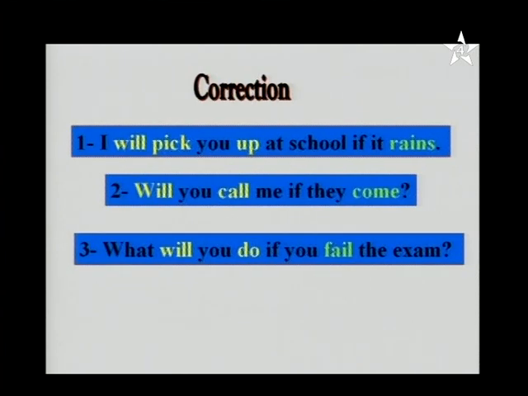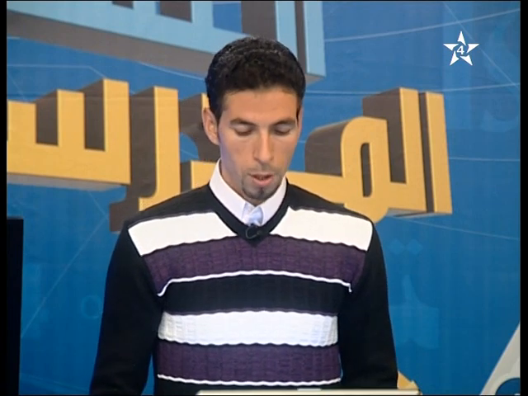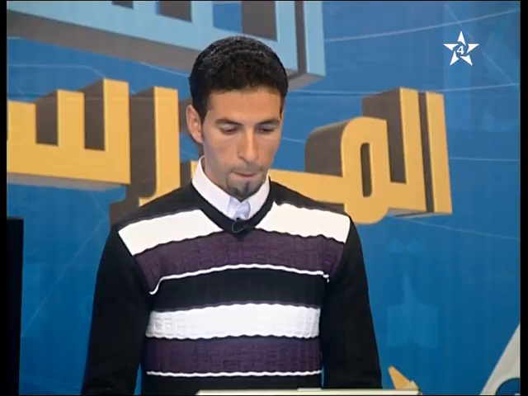Sentence 3, what will you do if you fail the exam? And fourth sentence, I will not come if it snows, or I won't come if it snows. Right? So as a summary, in conditional type 1, in the if clause there is present simple, and in the subordinate clause, it's conjugated in simple future.